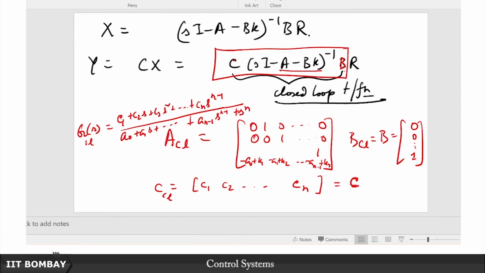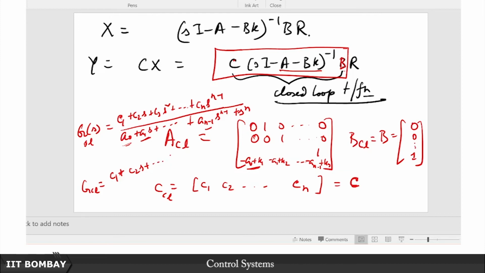Now this is your open loop transfer function. So what is your closed loop transfer function, by analogy? After all, all that changes is this A0 changes to A0 minus K1, A1 changes to A1 minus K2, likewise only these terms change. So your closed loop transfer function will still have the same zero polynomial. You can take this as an exercise to convince yourself that it is indeed going to be so.